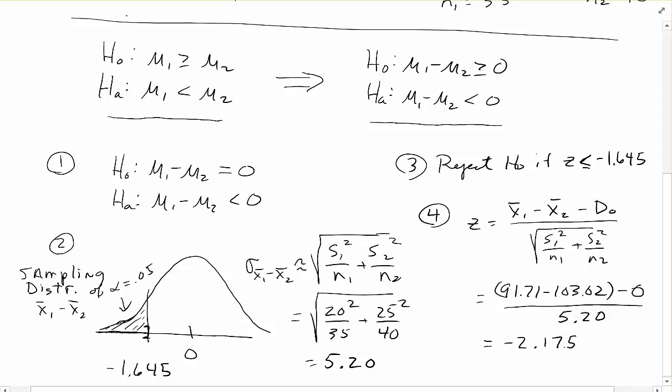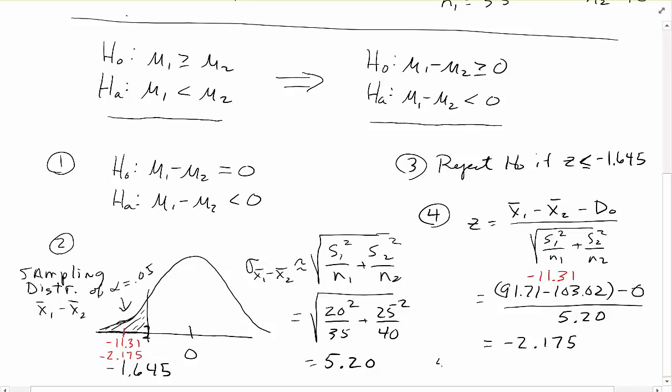So this difference in the sample means, negative 11.31, is to the left of my decision line because its z-value is smaller than the decision line's z-value. So I am far enough away from 0 to reject the null hypothesis.